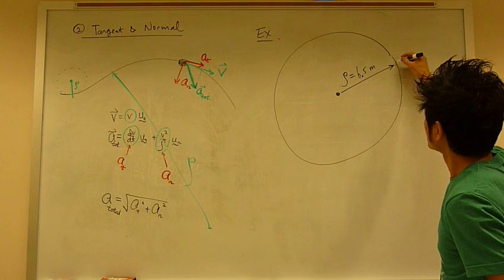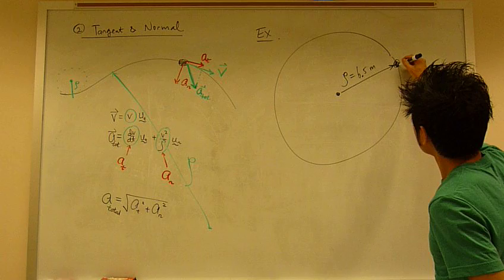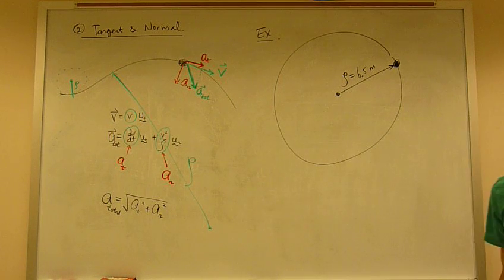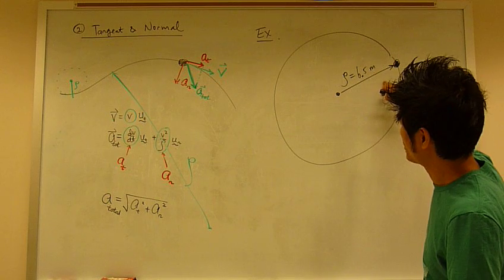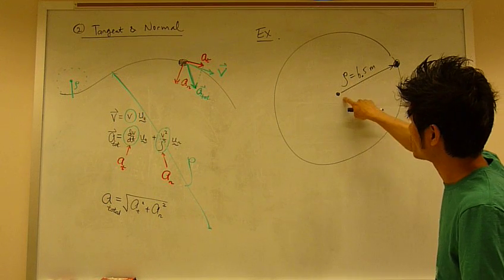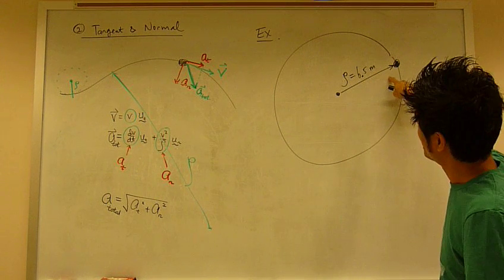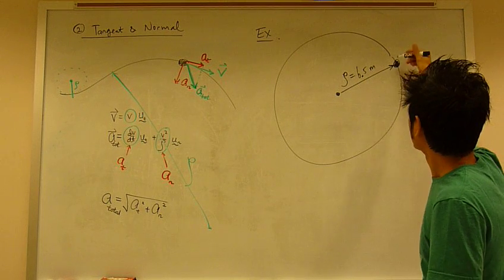I have a particle traveling along a circle. And the circle is 13 meters in diameter. So the radius of curvature is simply half of it, 6.5 meters.